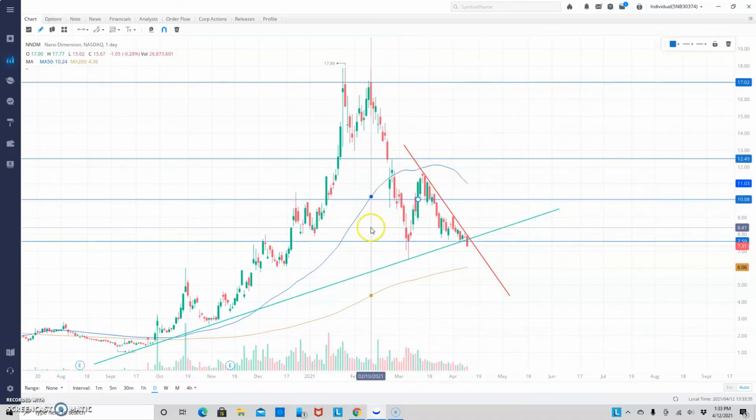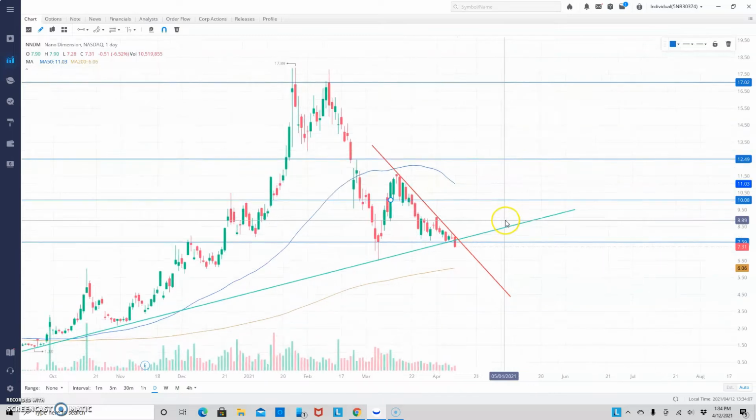Okay, so our next area of support coming down from there was in this region where it looked like it bottomed out on March 5th. You thought this was going to be the bottom, and the bottom looked like it was going to be around $7.50 in here. So that looked like it was going to be the bottom on March 5th, and it looked like a double bottom around current day right here where it's been trading at lately.